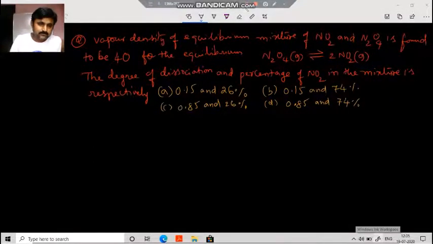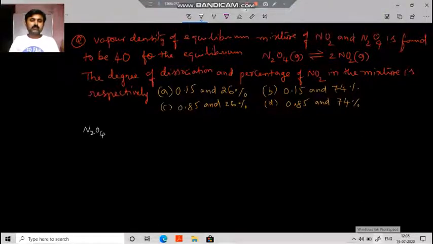See this question. The vapor density of an equilibrium mixture of NO2 and N2O4 is found to be 40 for the equilibrium, that is N2O4 in equilibrium with 2NO2. The degree of dissociation and the percentage of NO2 in the mixture are respectively.